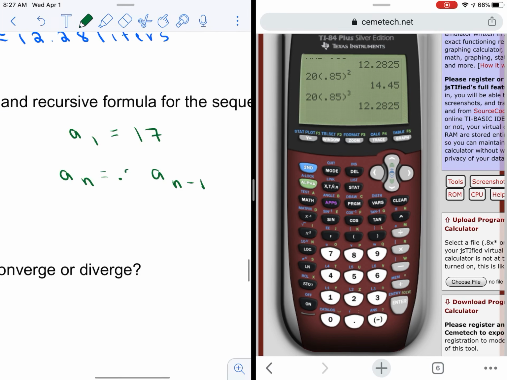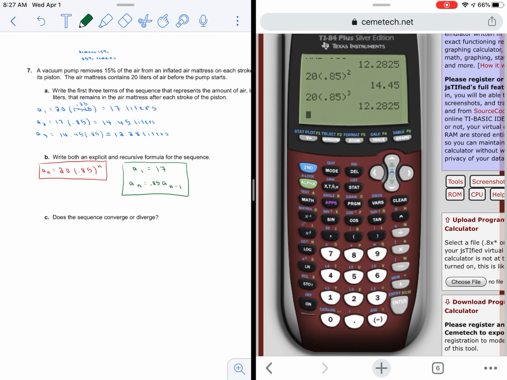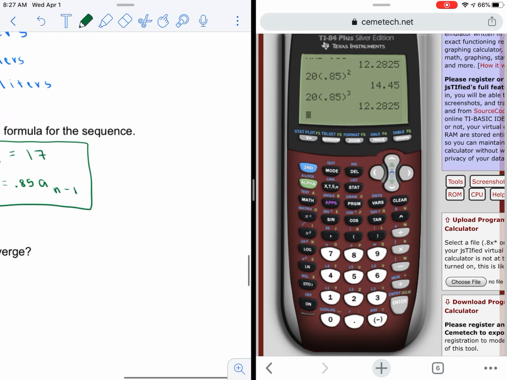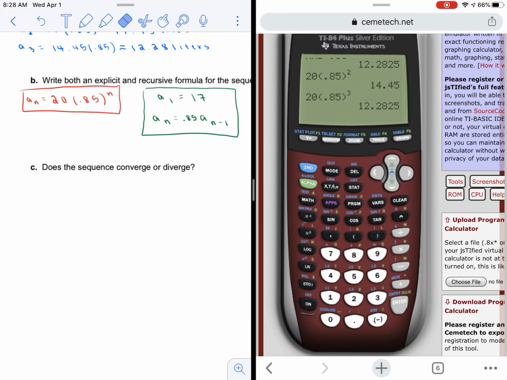Well, we're multiplying by 0.85. And that would be your recursive rule for the sequence. Now, technically, you could say a sub 0 equals 20, and then the next term is a sub n minus 1 times 0.85. This would also work. It just depends on if you wanted to include the 20 or just use the 17 that we first found. Either one would be acceptable.